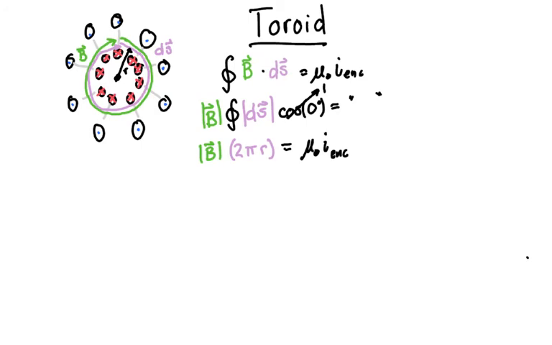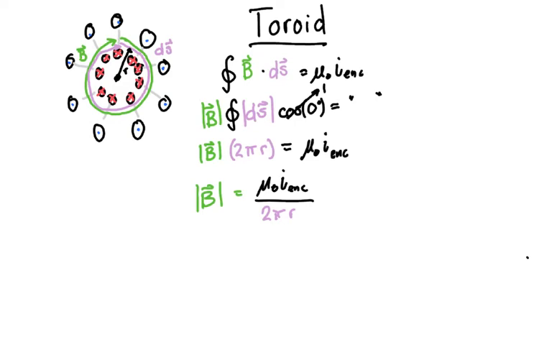Alright, so the strength of my magnetic field is equal to permeability of free space times the current enclosed divided by 2 pi r, the circumference of my Amperian loop.